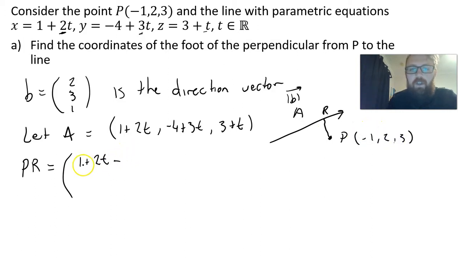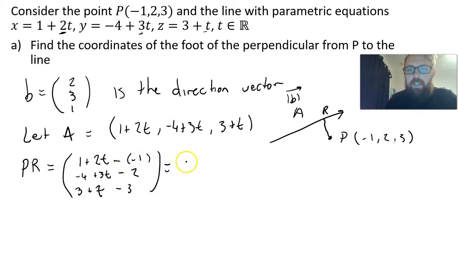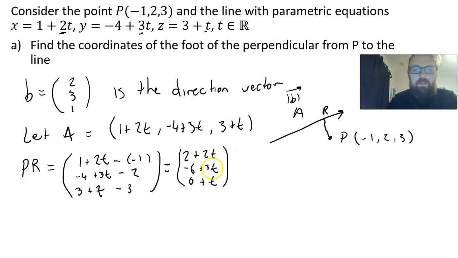So 1 plus 2t, take away -1; the next one will be -4 plus 3t, take away 2; and 3 plus t, take away 3. That equals 2 plus 2t, negative 6 plus 3t, and 0 plus t, so just t for that last one.